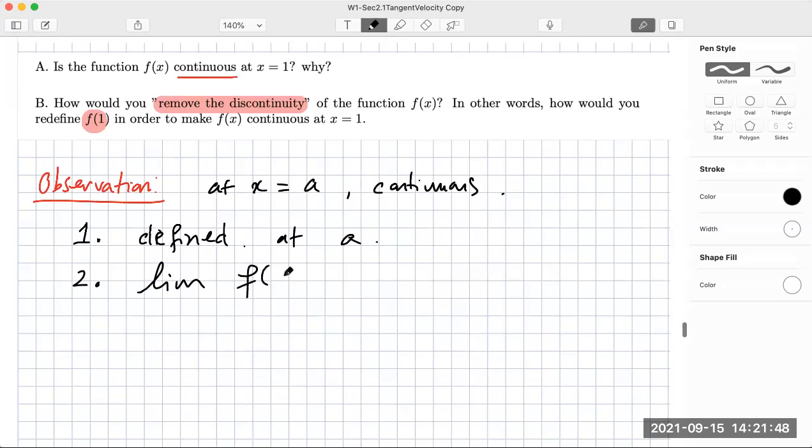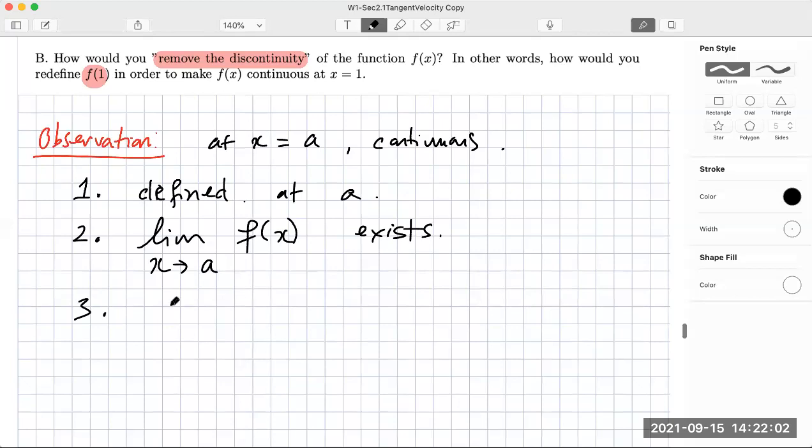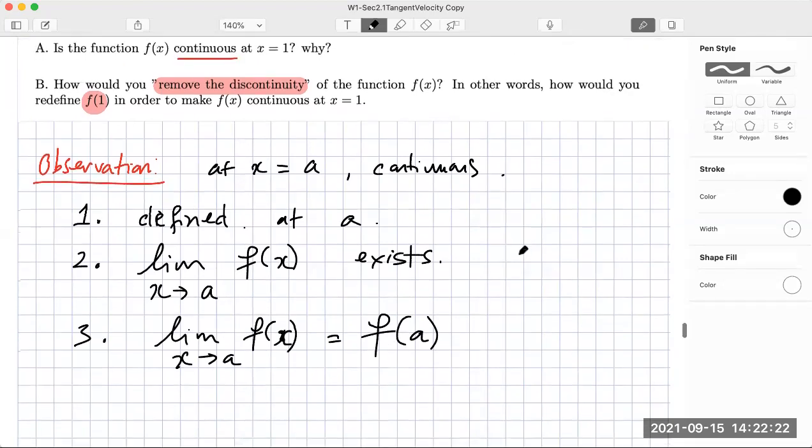The limit of that function when x approaches a should exist, right? And the third one, what is it? The limit of this function should also be the same as f at a. If it is satisfying all these three conditions, then the function is continuous at that point.